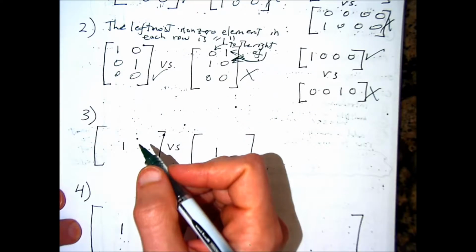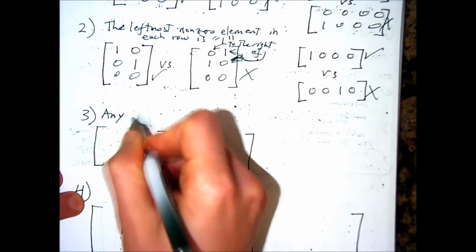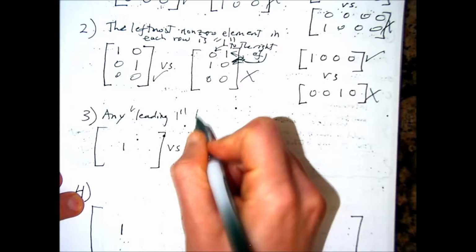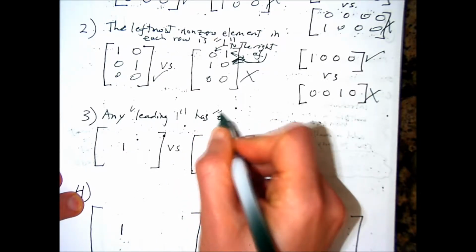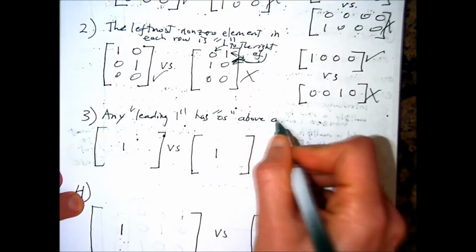Number 3, the column containing the leading 1 of a given row has zeros above and below the 1. So any leading 1 has zeros above and below it.